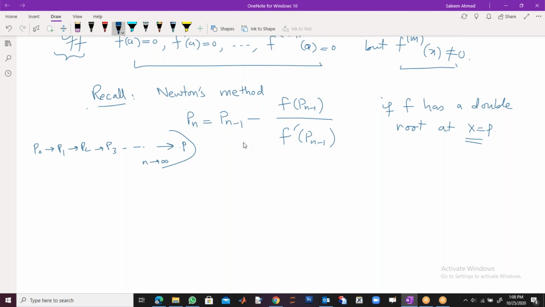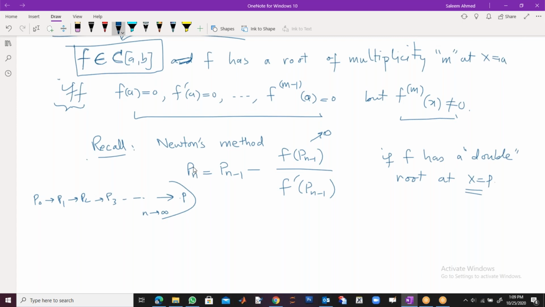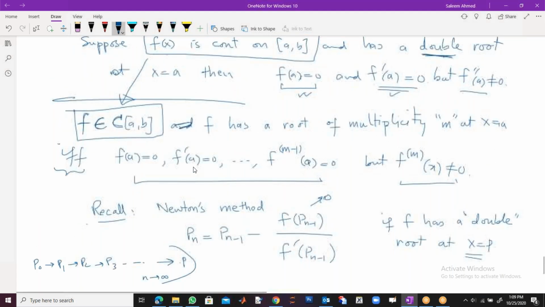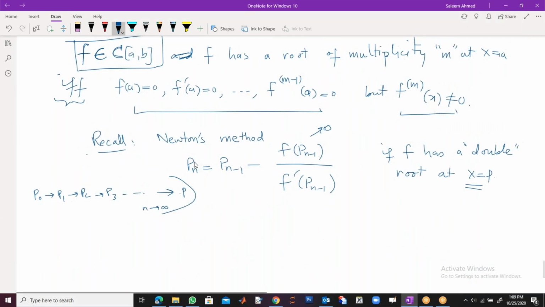Now you see, as you are approaching this number p, these both will approach 0, because if it is a root, then f(p) will approach 0. And because it's a double root, your first derivative also goes to 0, so this also goes to 0.